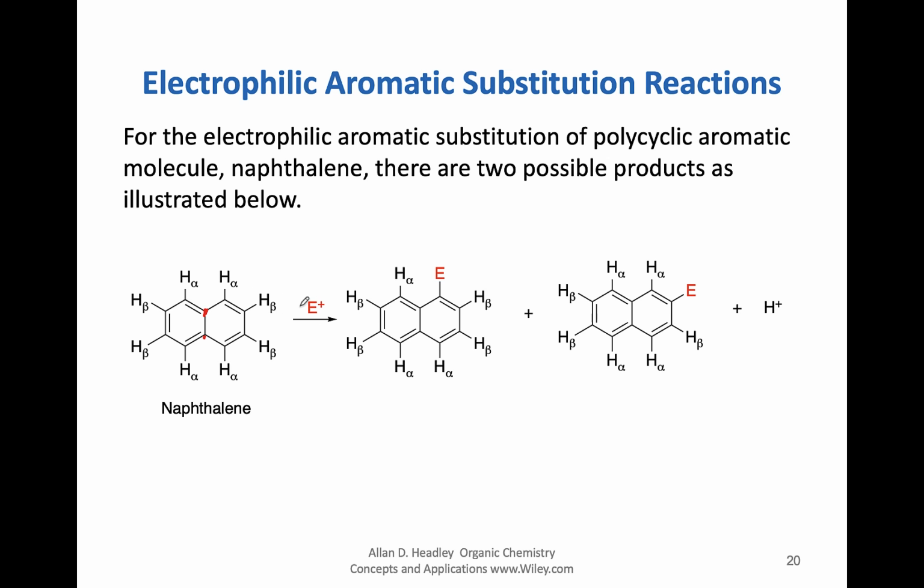So in a substitution reaction, we can substitute H alpha to get a product here, or we can substitute H beta to get a substitution product here. 2 possible products. Now comes the question: which is the major organic substitution product?